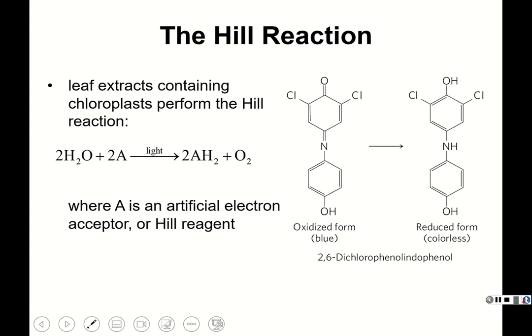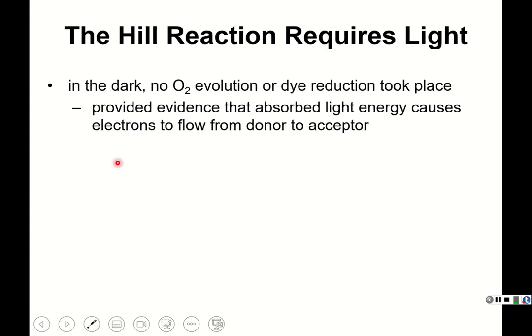In photosynthesis, A would be NADP plus, right? The ultimate electron acceptor. But here we have a dye, the Hill reagent that you use. But okay, in photosynthesis, this A is NADP plus. Right. So the point of the Hill reaction is that it requires light.